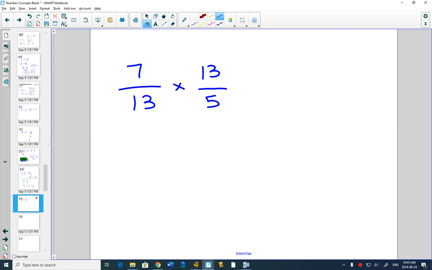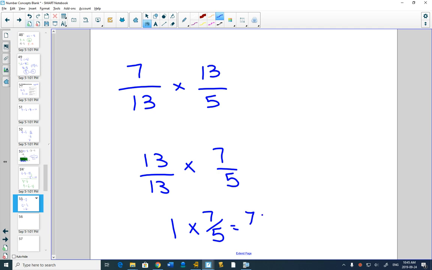Can you see that if you switch the top numbers around, you would have 13 times 7, keep the bottom ones the same. What is 13 divided by 13? 1. And then 1 times anything?